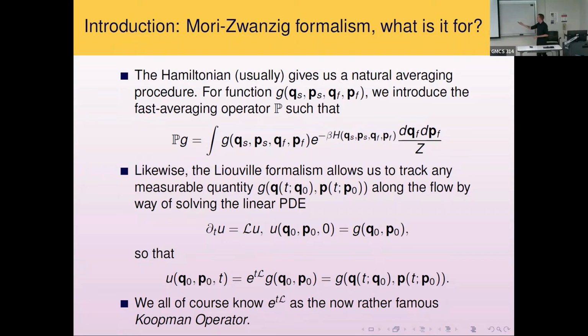That linear PDE has a linear operator L defining it. And if I want to find a solution, I just find the associated semigroup connected to that generator. Well, that's a Koopman operator.